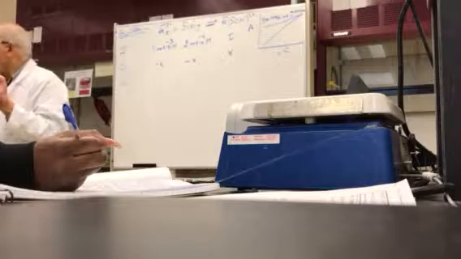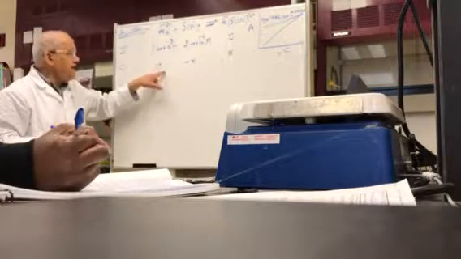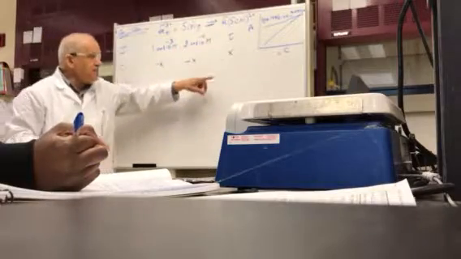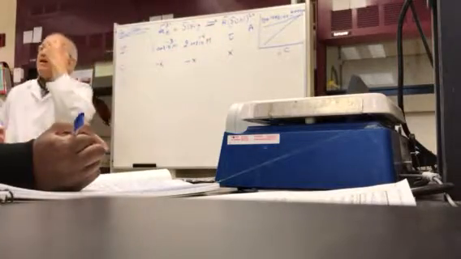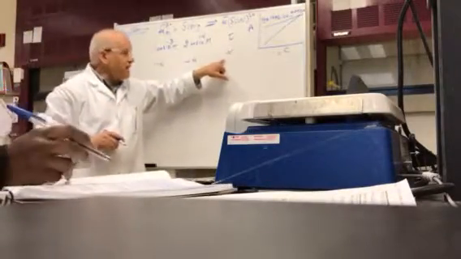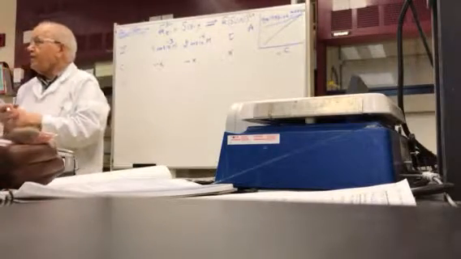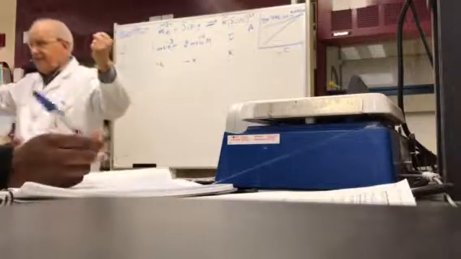Okay? My equilibrium will be this minus x, this minus x, and my equilibrium. The whole calculation is based on this x here. Where am I going to get x from? X comes from my curve. I already measured the absorbance here, right?